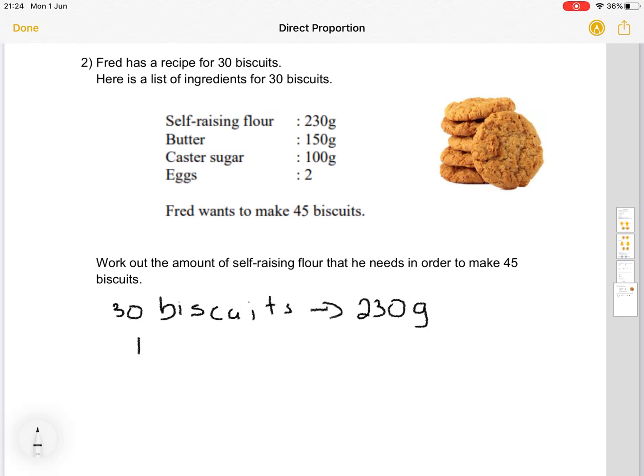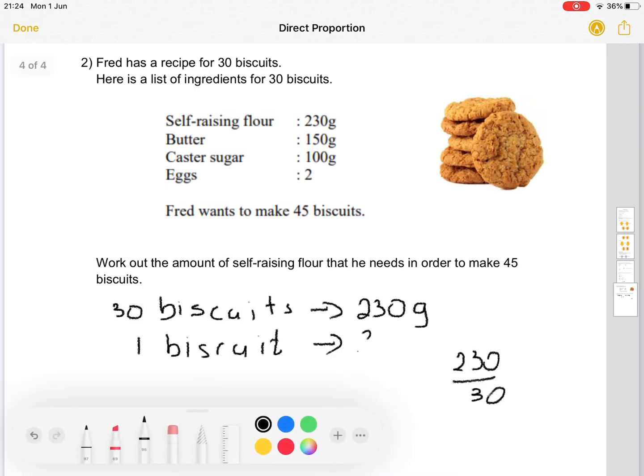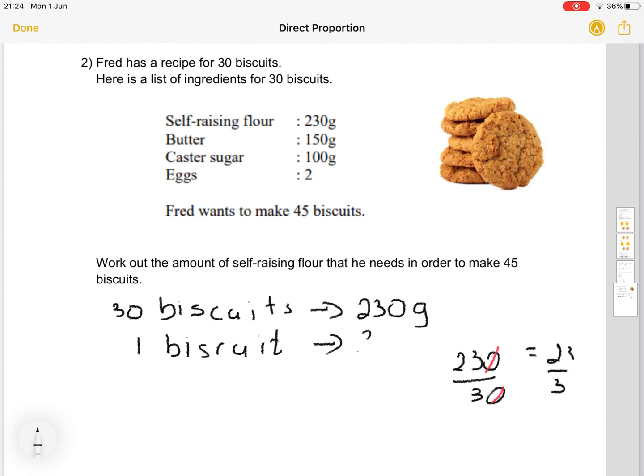For one biscuit, what is the amount of flour that he needs? To find the value of 1, I always divide. So I divide 230 by 30. I can cancel the zeros and I end up with 23 all over 3.